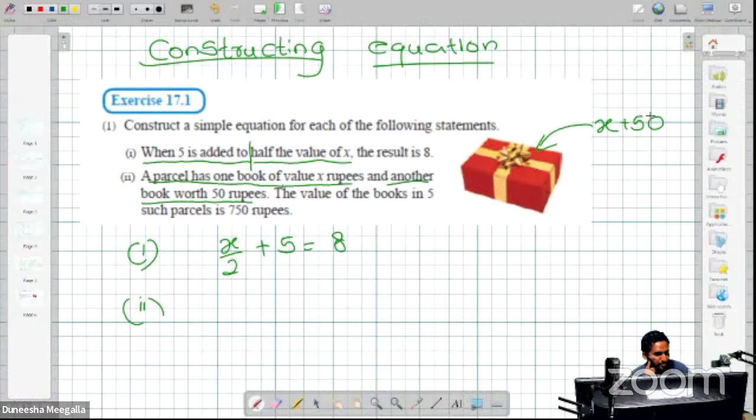Tisasna? Tisasna isn't here today. Dudisha? Okay. x plus 50, right? Then how many such parcels are here? Dulara?